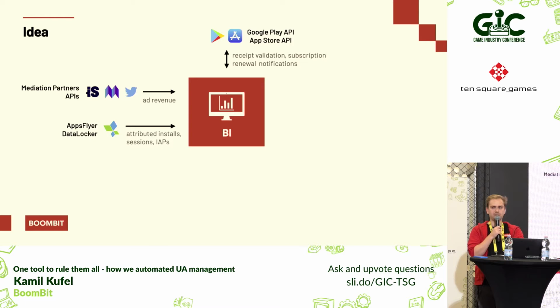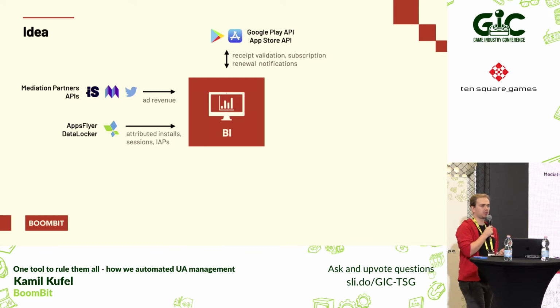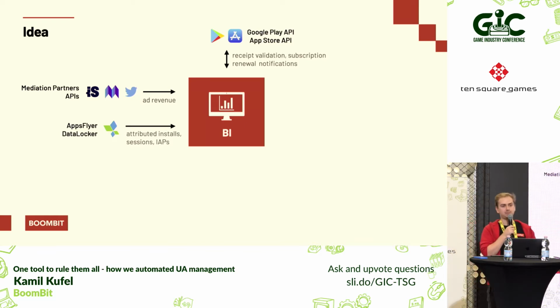We also need correct in-app revenue. Obviously there are refunds and problems with proper in-app purchase measurement. This is why we decided to connect the App Store API and Google Play API, to have data in our BI as accurate as possible.